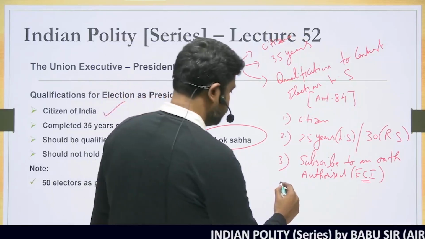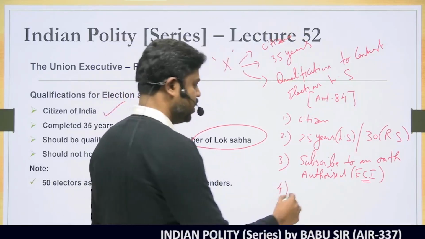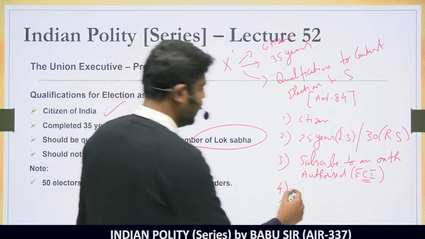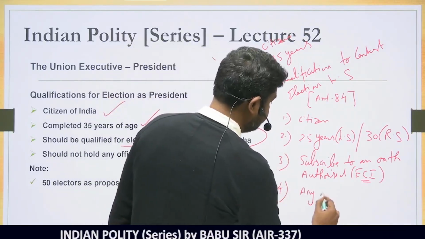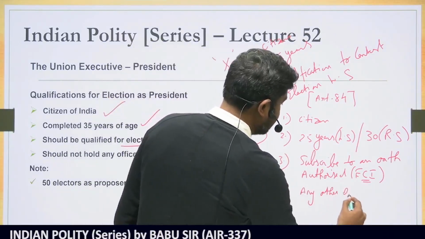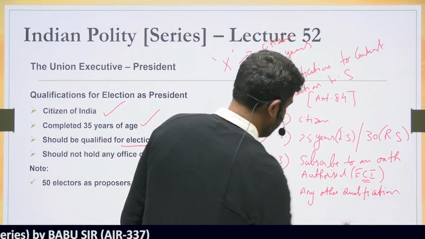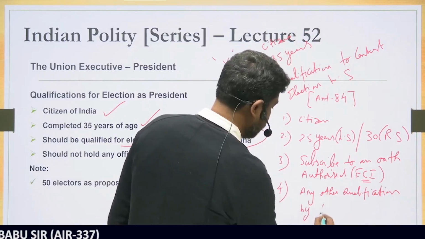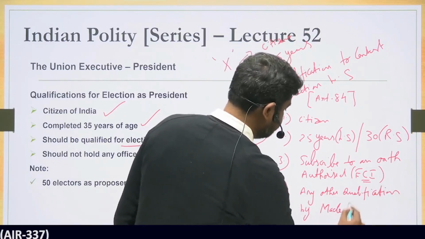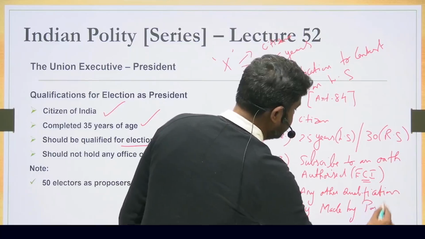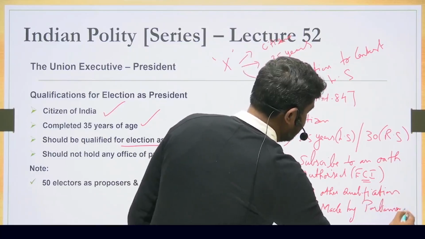And then the fourth thing is any other qualifications. It is also saying any other qualification as may be determined by a law of Parliament. Any other qualification as determined by law made by Parliament. So these are all the qualifications one has to possess to become a member of Lok Sabha.